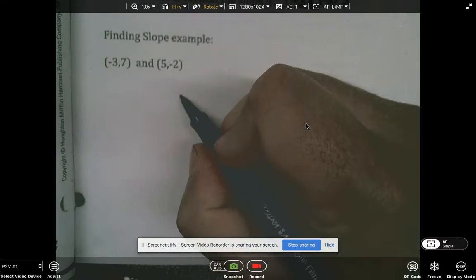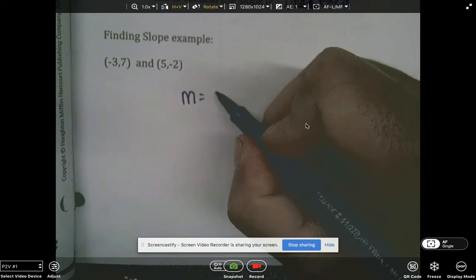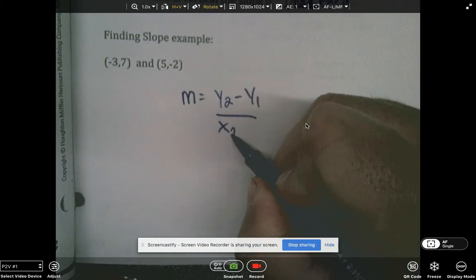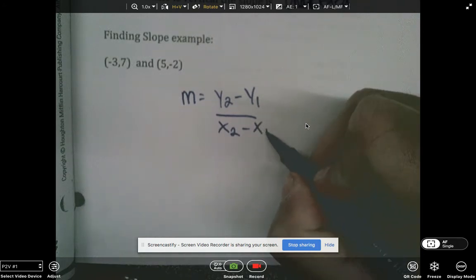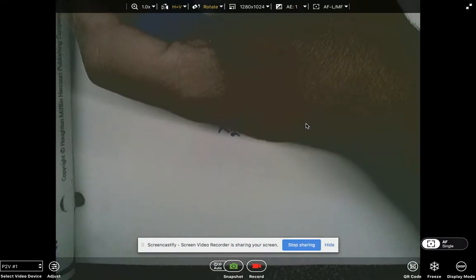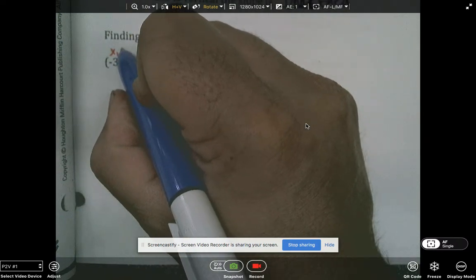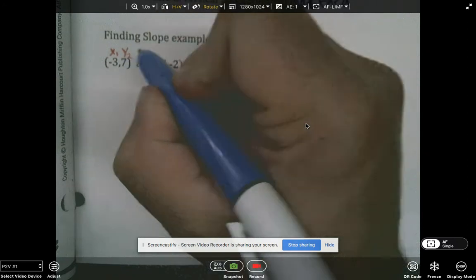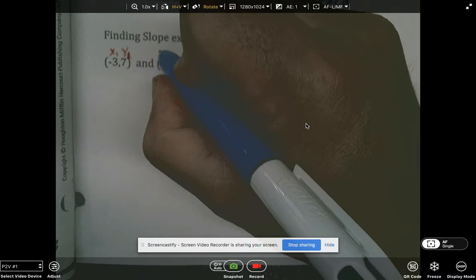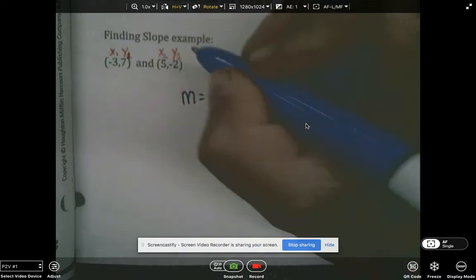So we're going to copy down the formula. Slope, or m, equals y2 minus y1 over x2 minus x1. So the first thing I always do is label my coordinates: the first x, x1, my first y, y1, and then this would be x2 and y2.